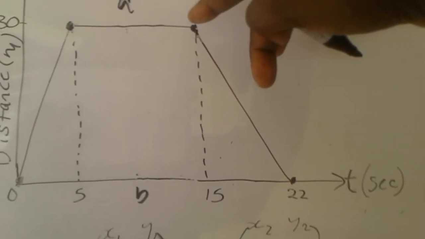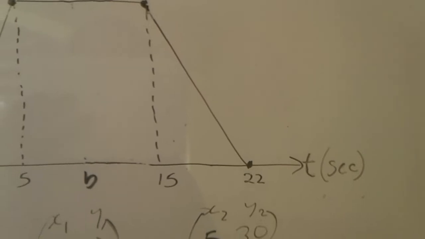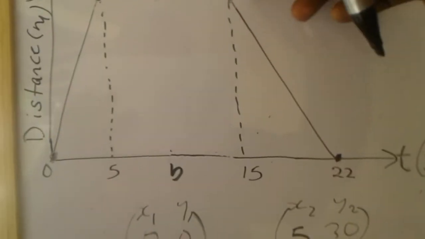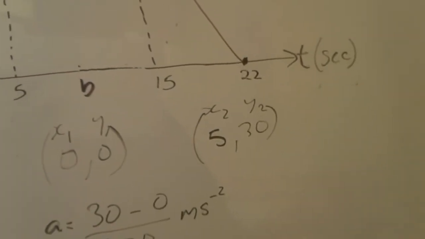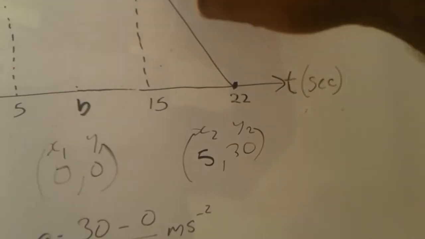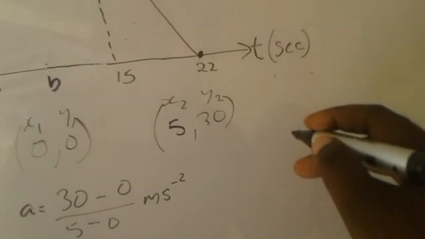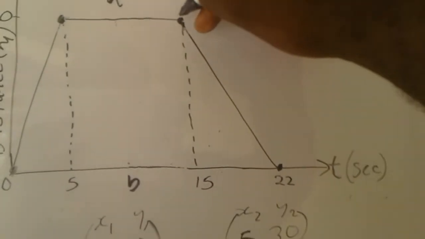It's going from 30 all the way back down to 0. It shows when you apply the brakes. Deceleration is the same thing: we're finding the gradient of the line. So I'm going to be using 2 points on the line in the same way.